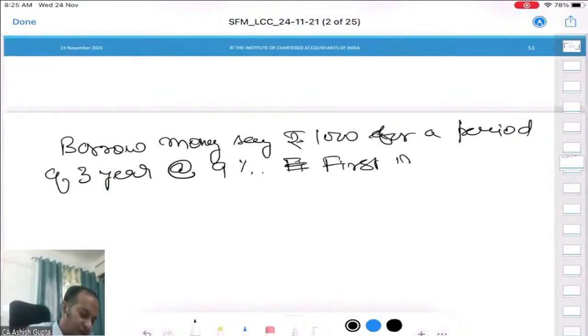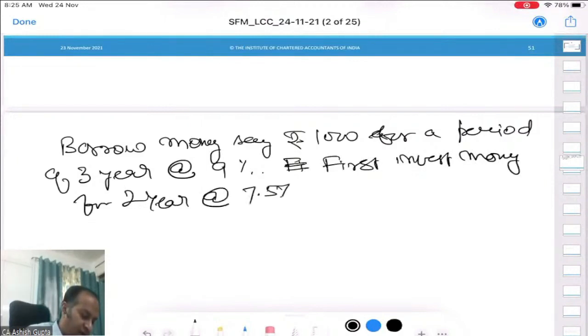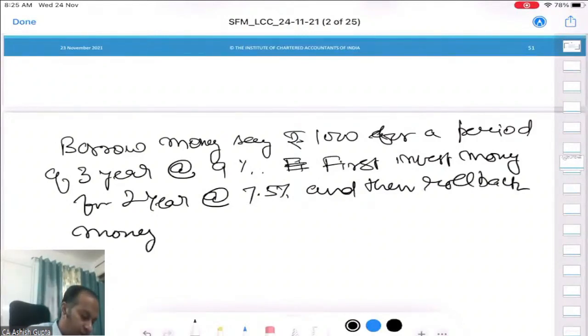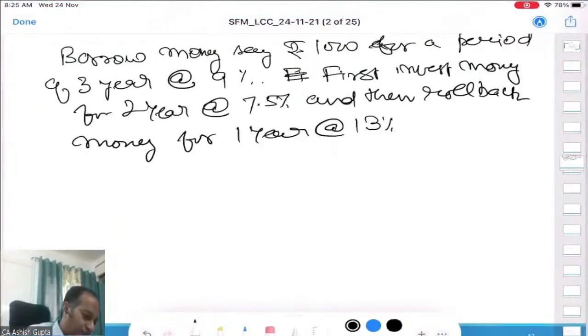First, invest the money for 2 years at the rate of 7.5%, and then roll over the money for 1 year at the rate of 13%. So let us see our amount after 3 years.